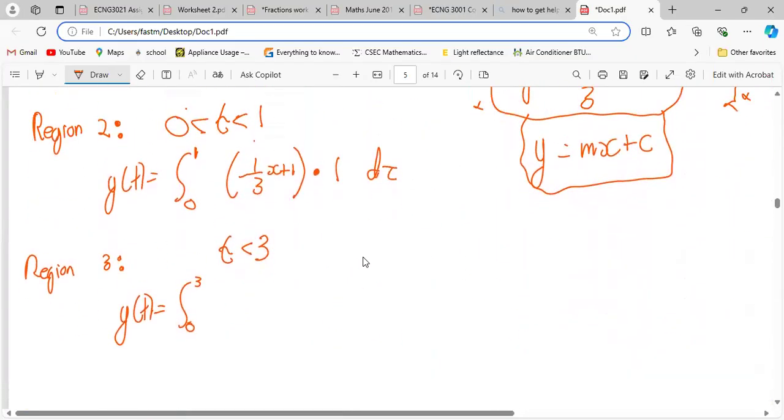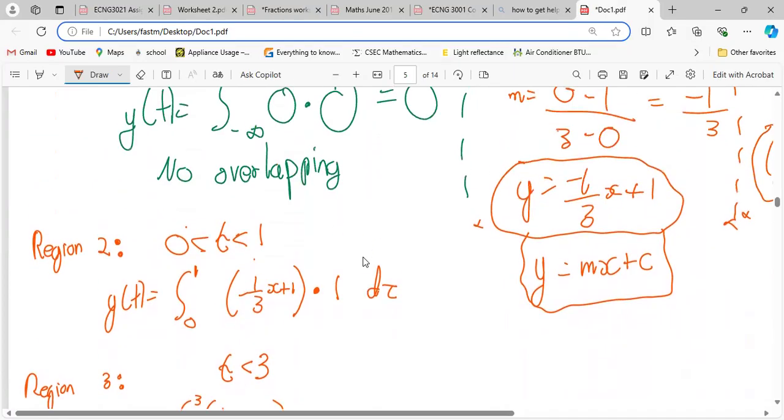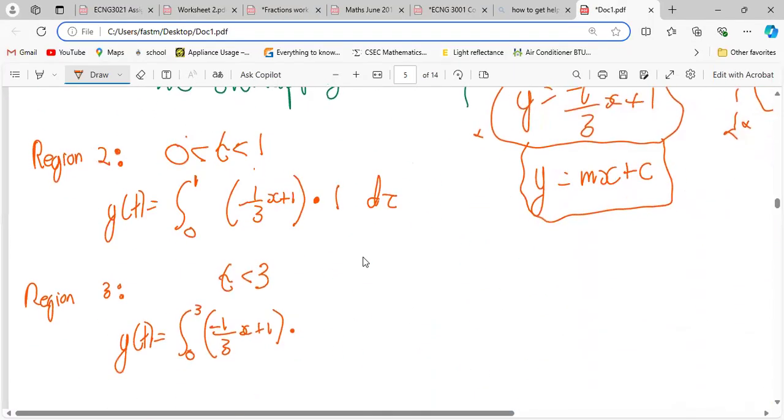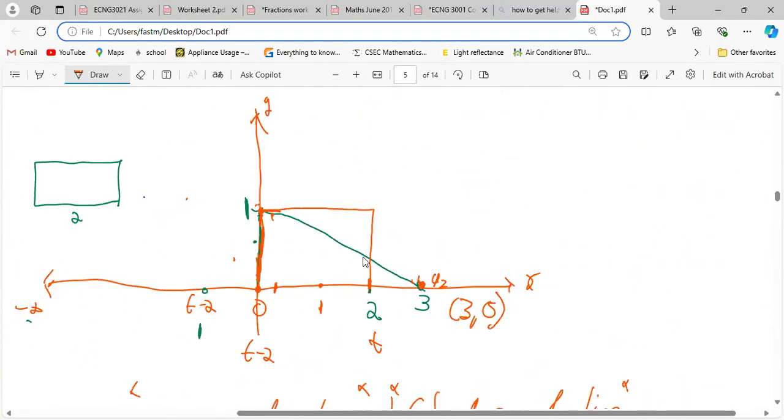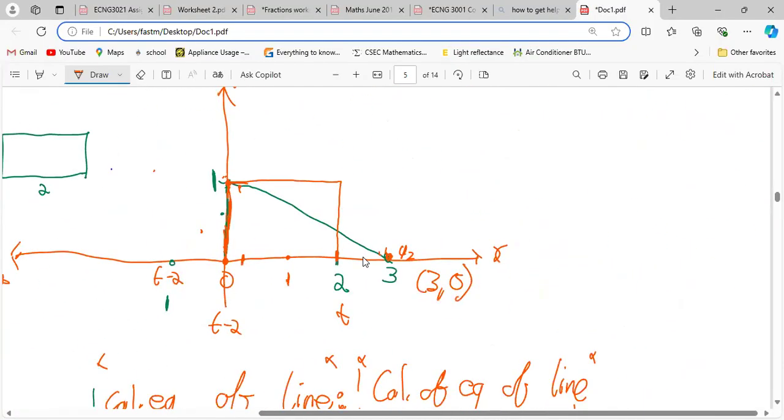Right? So x of tau will be the equation that we had before, and the h at t minus tau just stays as 1, d tau. Right? And then now we're still going to move. So we're just going to end up with the opposite of what we had before.